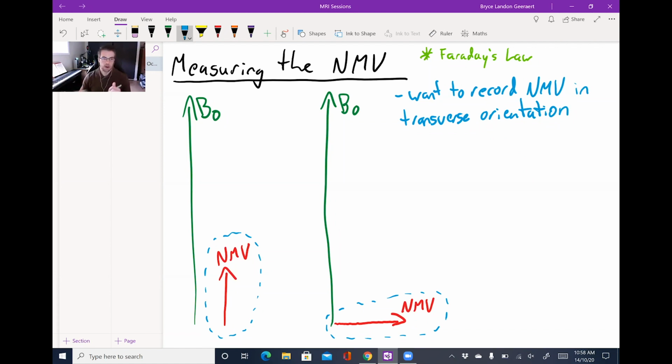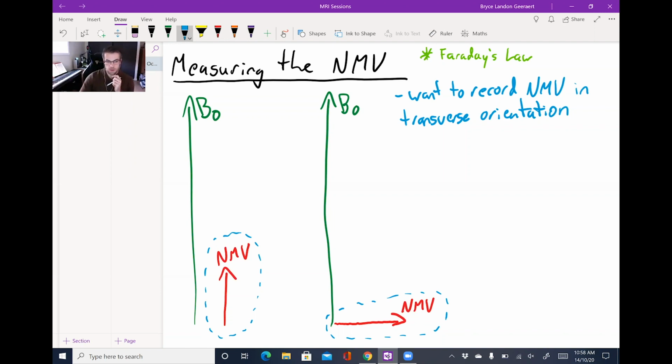And now we need to know how to pull the net magnetization vector into the other plane in order to measure it. And like I said, we do that with tipping, also known as excitation. So I'm just debating whether to draw stuff here or on the next slide.